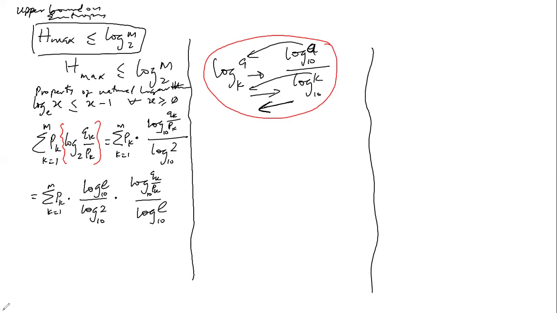Is it clear before I move on? Yes, it is. So then we can now move on to say sigma k equal to 1 to m, p sub k, log e base 2, dot log qk over pk, that's base e.